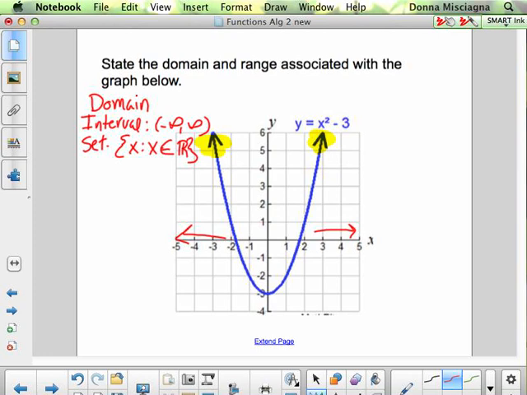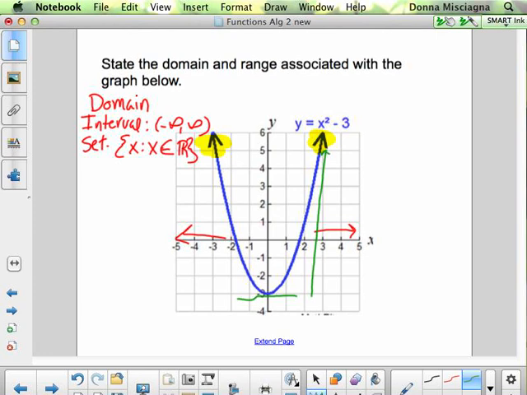And then the range. All right, so now we have a low point. Our graph turns around. We have a vertex there at -3. That's the lowest point. And then it just keeps moving up.